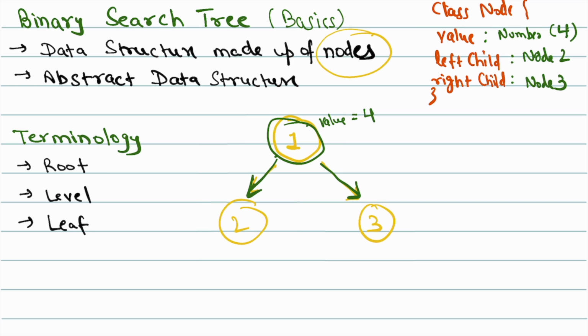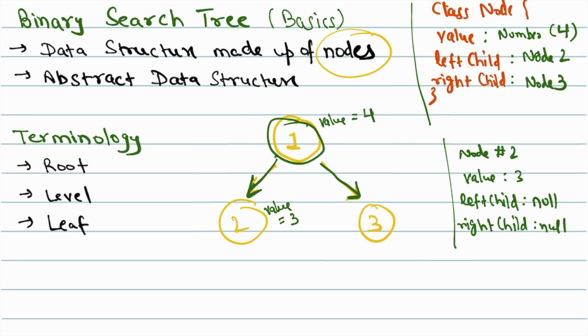Similarly, if you look at node number 2, the value of this node, let's say, is 3. Its left child is none, or you can say null, because there is no left child, and similarly the right child is also null. So this is how a node is defined and how it's connected to make a binary search tree.